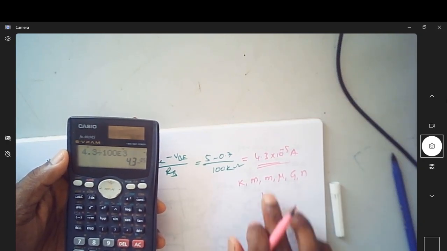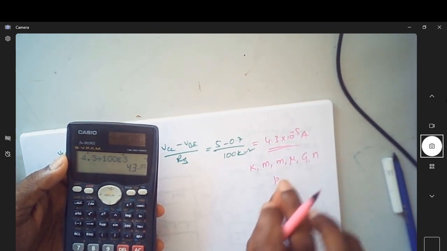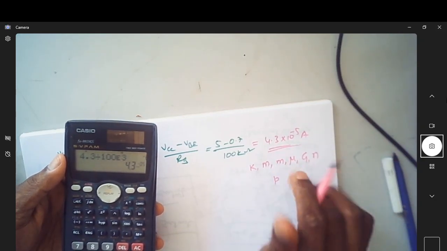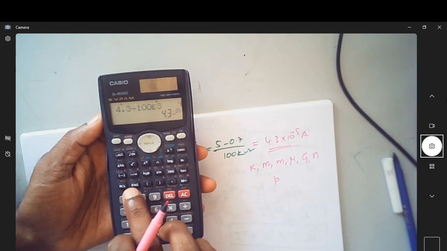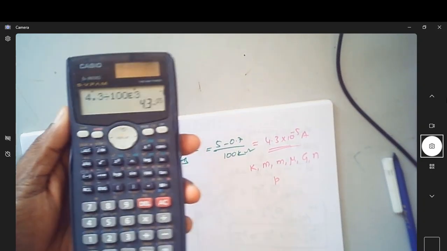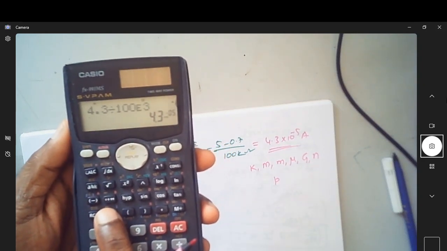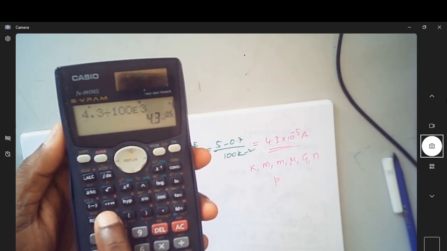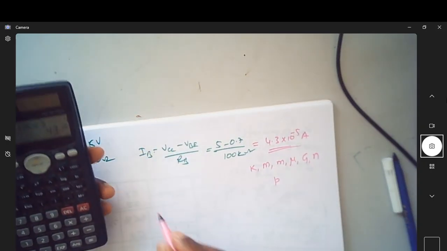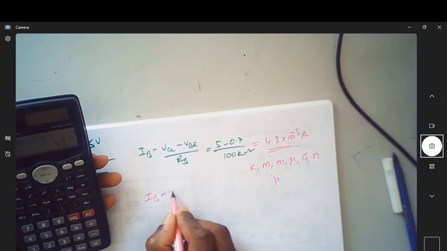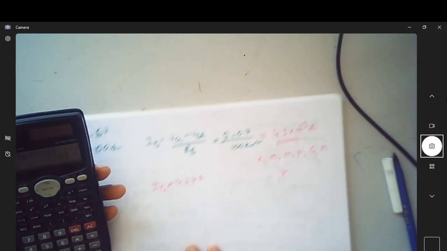These are the engineering quantities we measure. There is no specific name for 10 power minus 5. So on your calculator, whenever you get this answer, please press ENG, that is engineering. If you press ENG, 4.3 into 10 power minus 5 will become 43 into 10 power minus 6. So what is IB? It is 43 microampere. This is the value of IB.